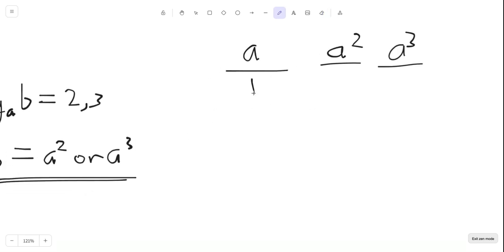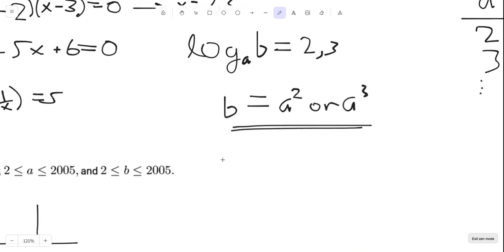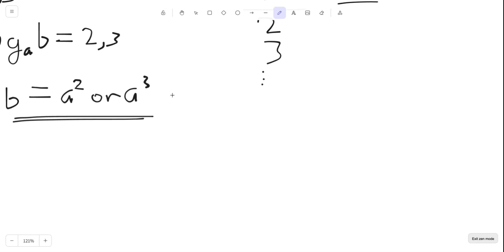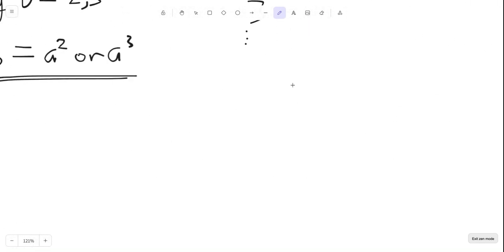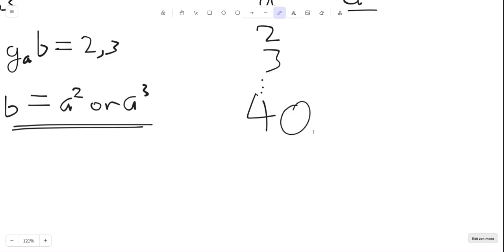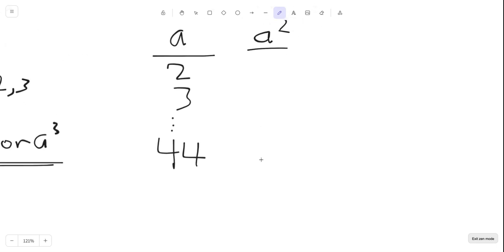Okay, so we can let it be 2, 3, and so on. And obviously, a squared can still be less than 2005. But you should know this as a fact, in case you don't, that 45 squared is 2025. You can slowly do square roots. Like 40 squared is 1600, so you can slowly increase from there and get to 44. At which point you have 4, 9, blah blah blah.